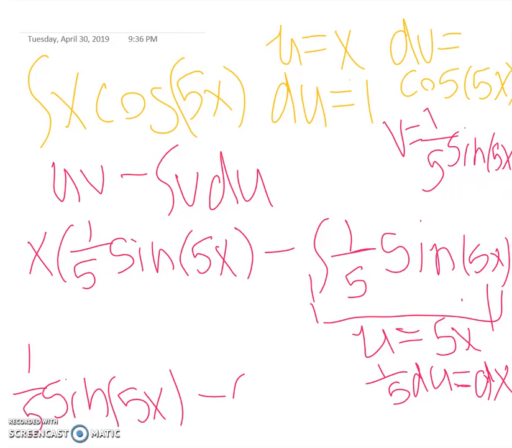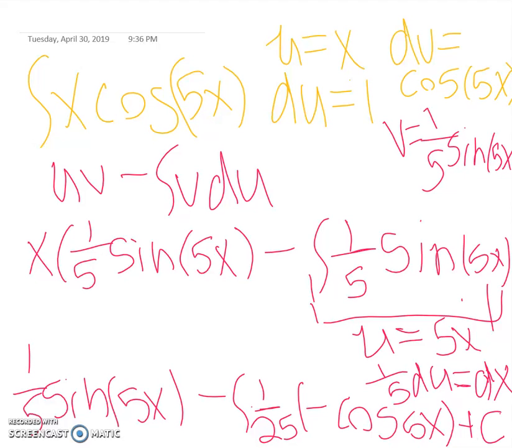So we're going to have the integral of 1/5 times 1/5 there, which is going to be 1/25 times negative cosine of 5x plus c, which is our constant of integration.